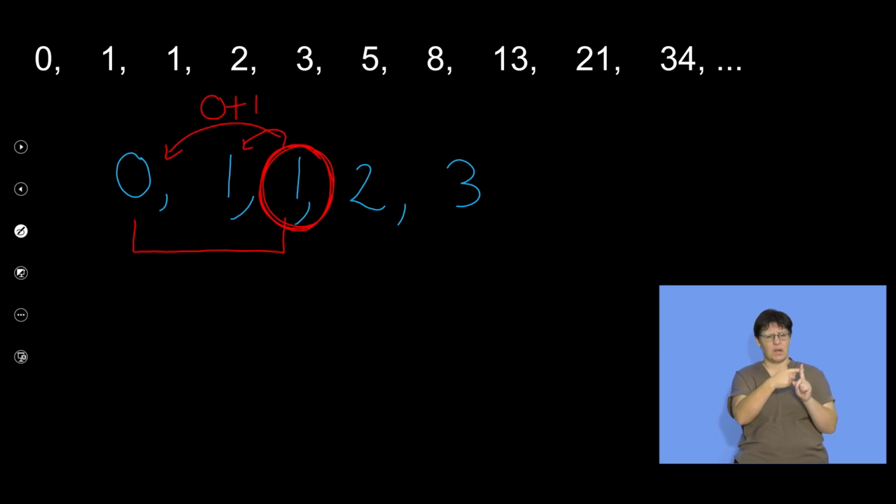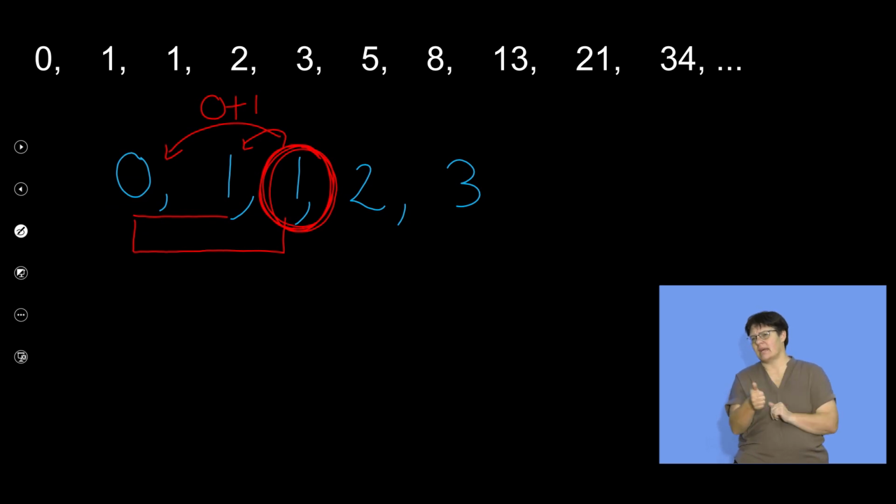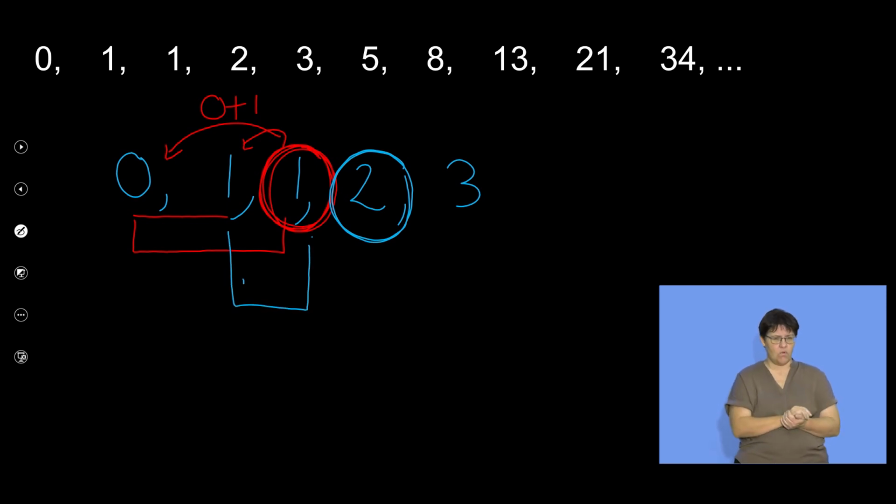So 1 itself is equal to the sum of the two numbers that come before it. Let's see if that same rule applies to the next term. So I've got the number 2, and if I look at the two numbers that come before it, I have 1 plus 1, which is equal to 2.